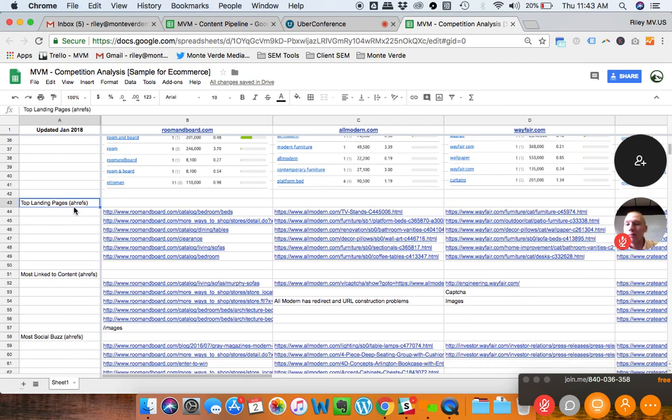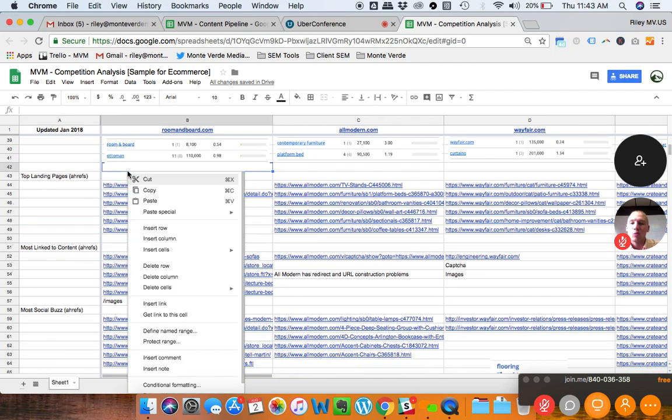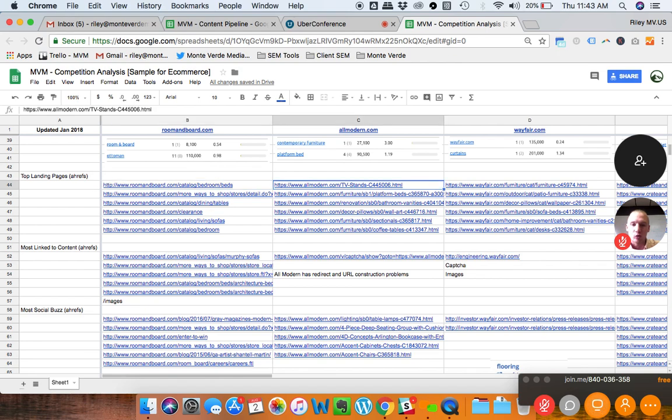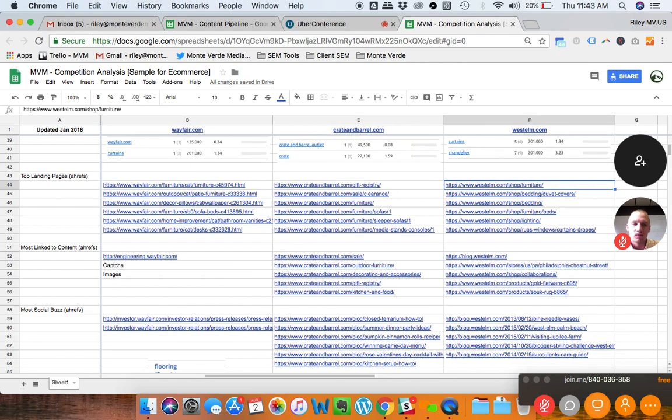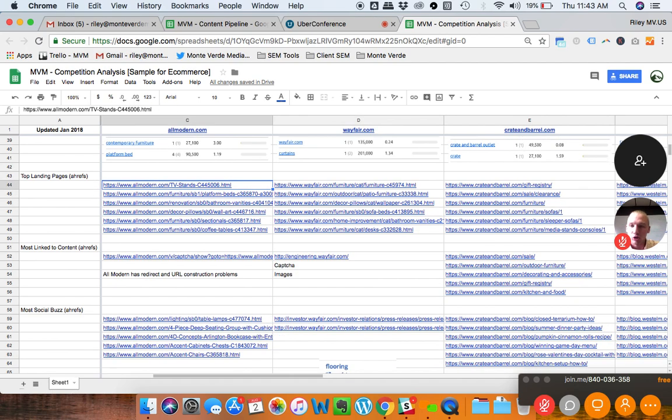And then looking at top landing pages, this will tell us, are there landing pages that we don't have that we need to create over the course of the engagement? Obviously this is interior design and furniture. West Elm, number 1 landing page is furniture. Crate and Barrel, in the top 3 landing pages we see furniture. Wayfair, number 1 furniture.